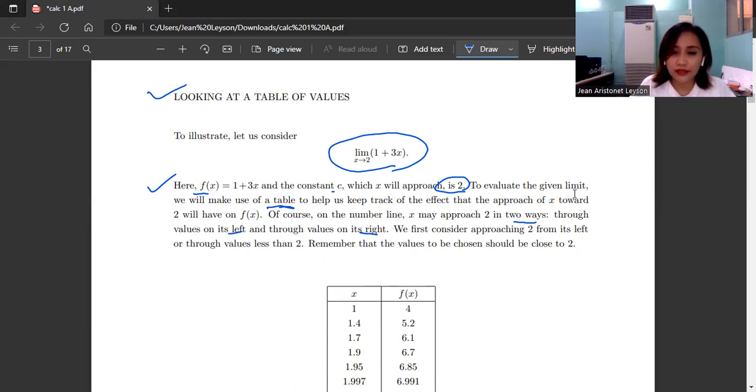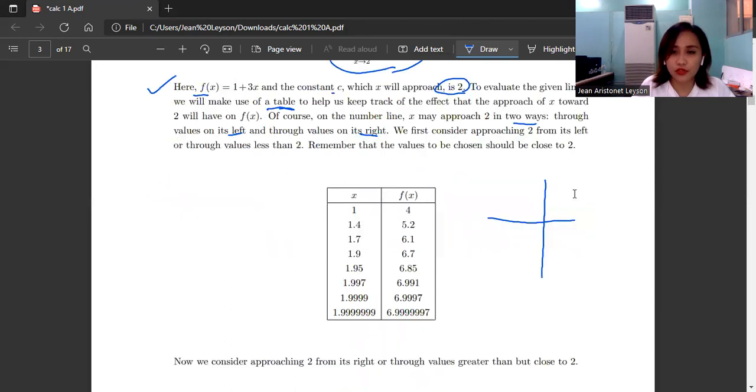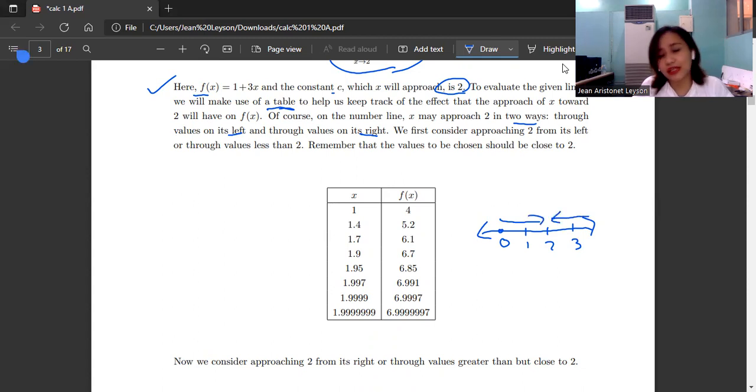So if we have a number line right there, let's say this is 0, 1, 2, 3. Our goal is to get closer and closer to 2, both from the left and the right side. If we start from the left side, we'll look for values close to 2.